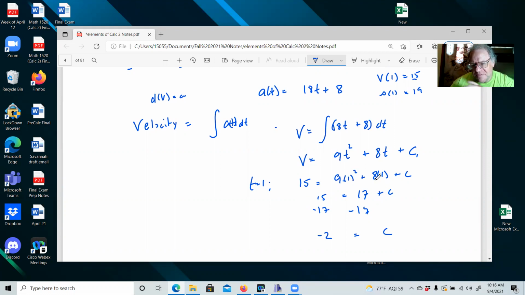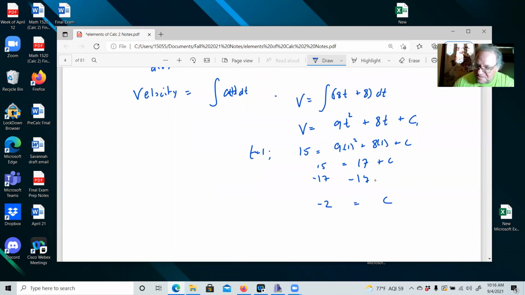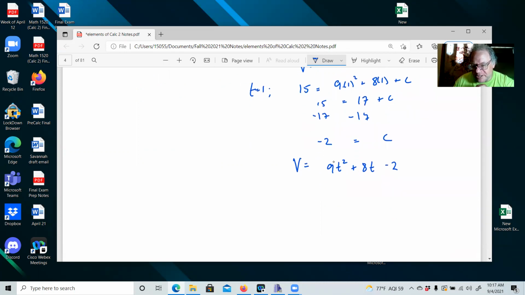You sure it could be negative? We think of friction as movement. So yeah, this is like the brake is on. So my velocity function is going to be 9t squared plus 8t minus 2. And now we're going to get our position.